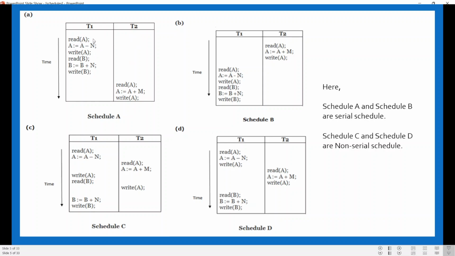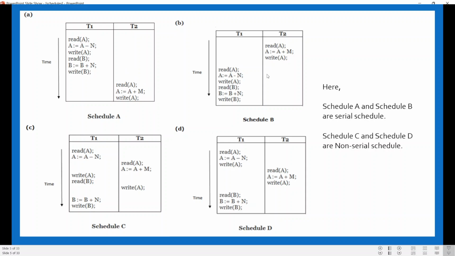Once all the operations in T1 are over, only then does T2 start. In T2 we read A, then A is updated, then we write the value of A. So all the operations in T1 are executed, and only then the operations in T2.